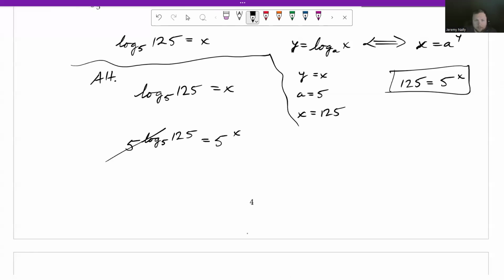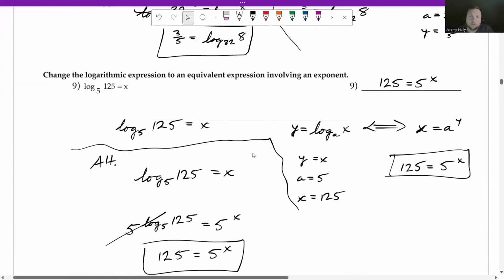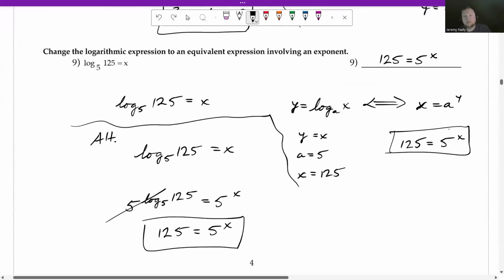And then these effectively cancel out. So then I have 125 is equal to 5 to the x. And I hope you're sitting there thinking, oh wow, that way's easier, because at least to me, it feels easier. I didn't have to worry about this stuff. There we go.